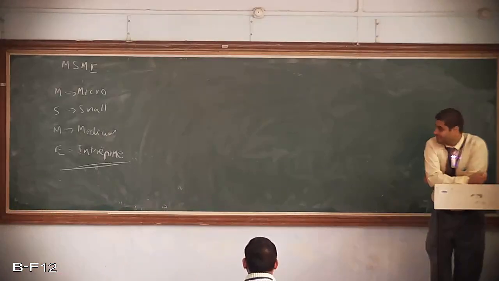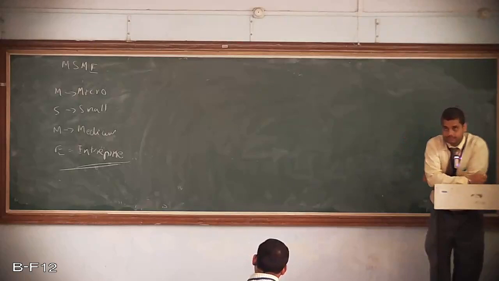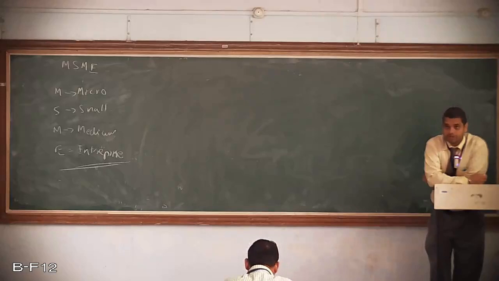So what is this MSME? We have already seen the abbreviation. Now, how do you define this MSME? In 2006, the government realized that if substantial support is not extended to these small companies, development will be a slow process.